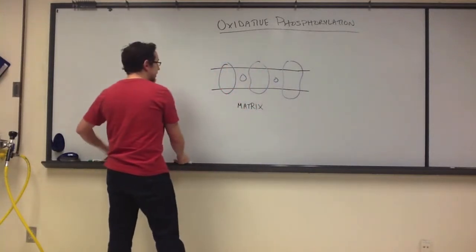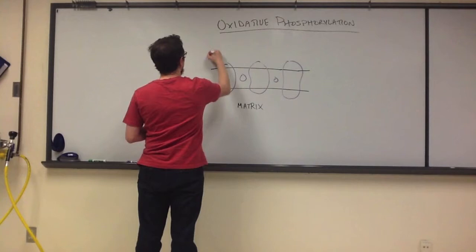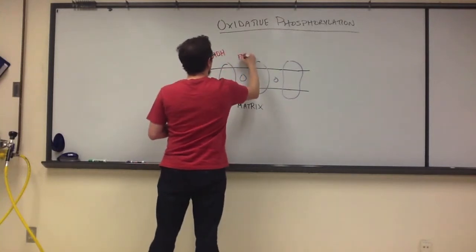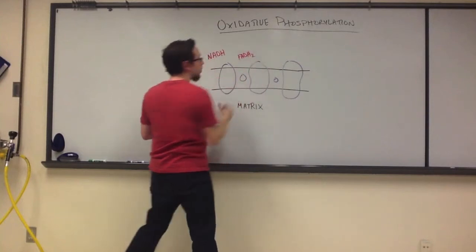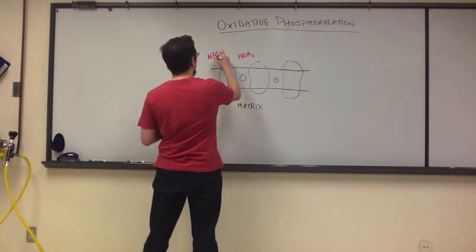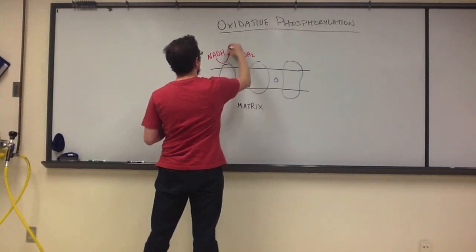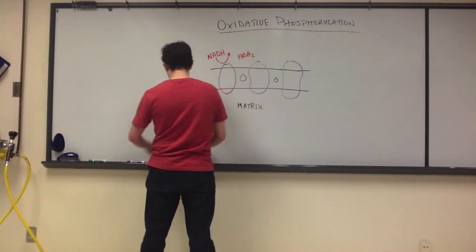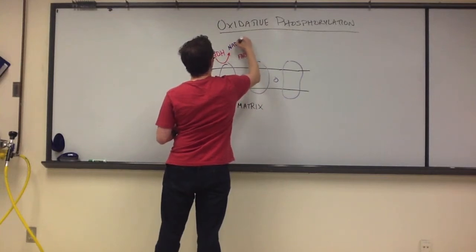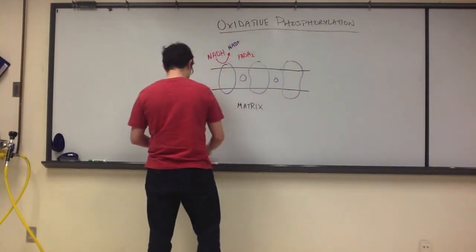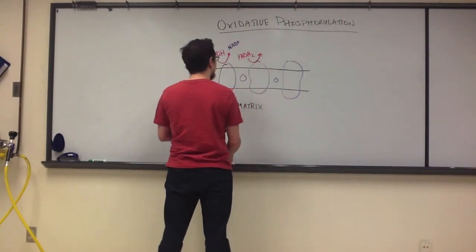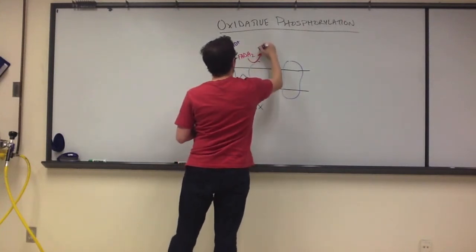The NADHs and FADH2s that were produced during the other processes will now be oxidized as they donate their electrons to the electron transport chain, causing them to become again NAD plus and FAD.